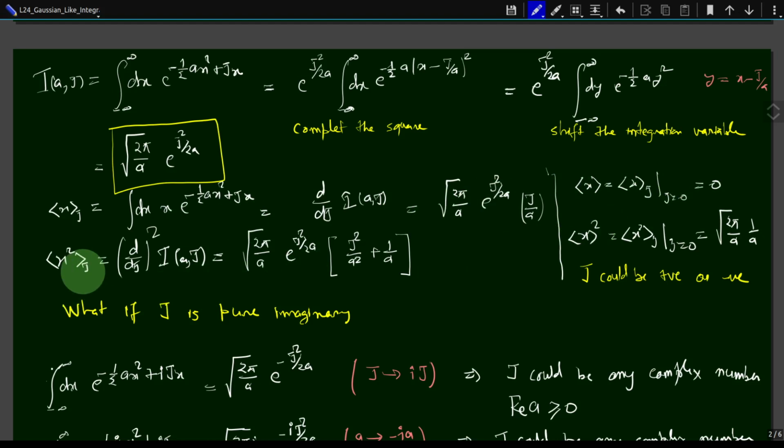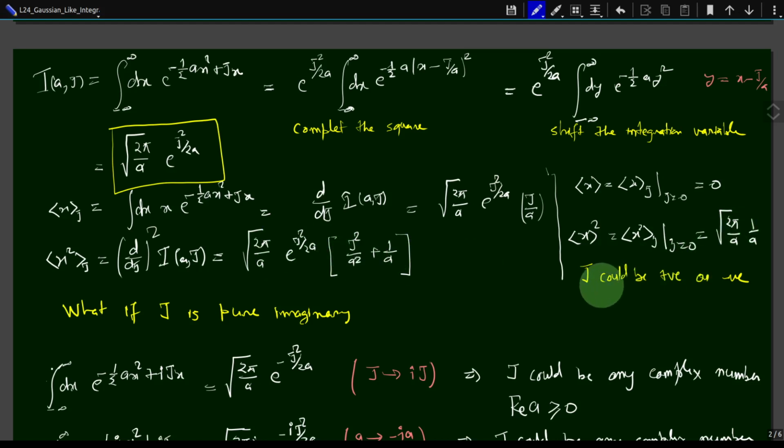Now the second moment in the presence of j will be just the second derivative of I(a, j) with respect to j, and when you compute it, it is this function with a j square by a square term and a 1 by a term. Of course when I take the j equal to 0 limit, I get the previous formula.